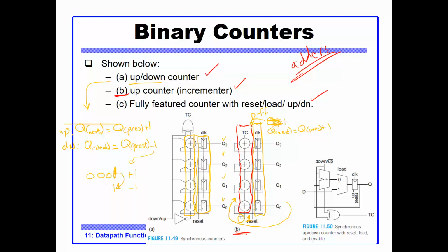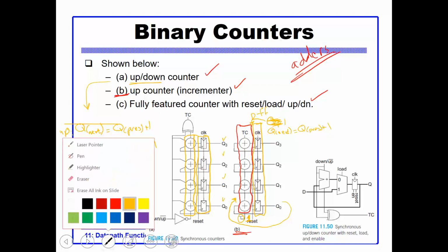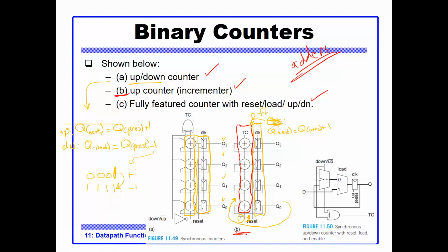This is equal to 1, 1, 1, 1. So by adding Q next equals Q present plus 1, 1, 1, 1, which is the 2's complement of minus 1, I can do a down count.